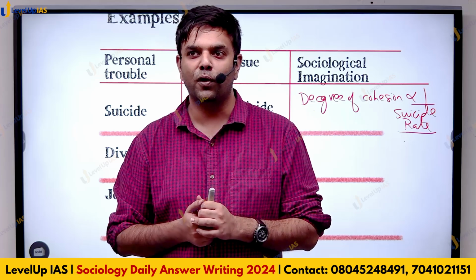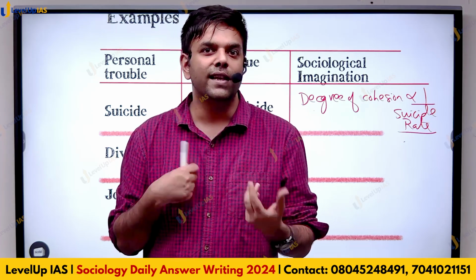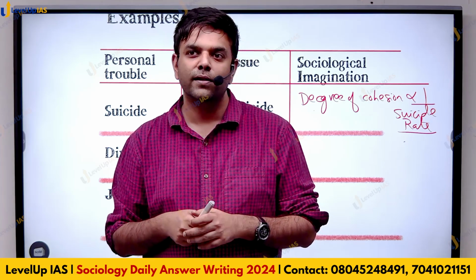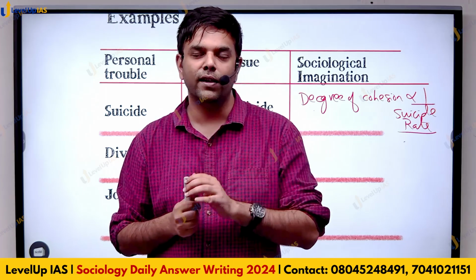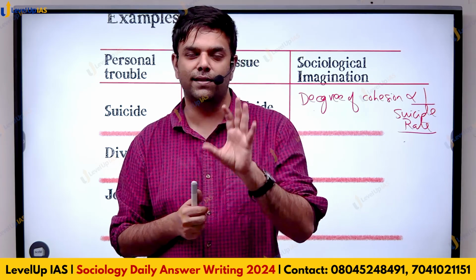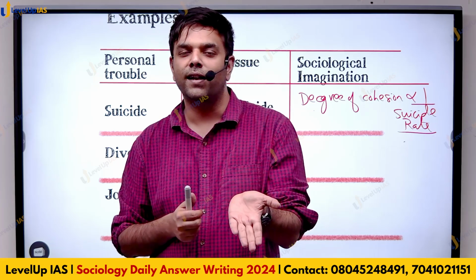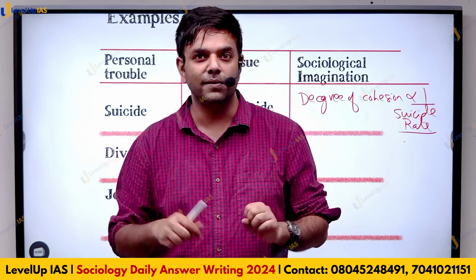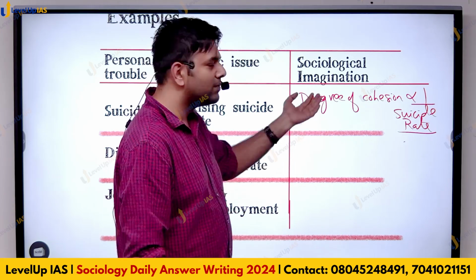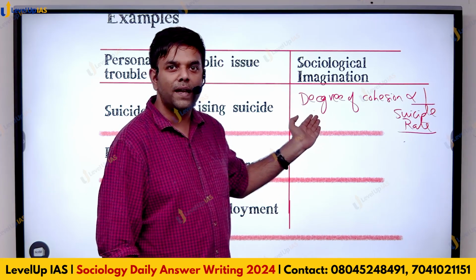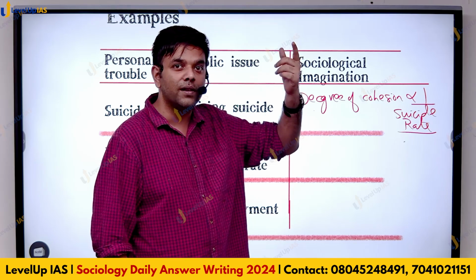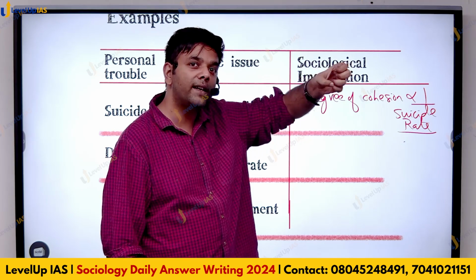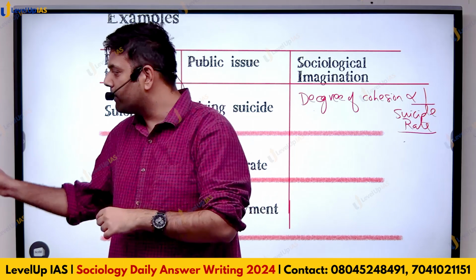If you belong to the group of believers, religious people, suicide rate tendency would be lower. If you belong to the group of atheists, suicide rate tendency would be higher because you are not believing in anything. Okay, so clearly Durkheim can explain through sociological imagination. He is talking about broader social factors causing suicide rate. I hope you're getting my point.